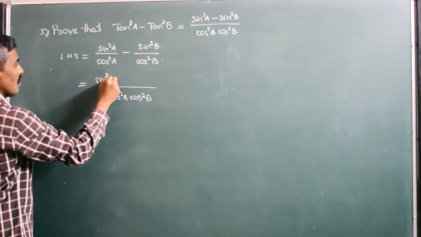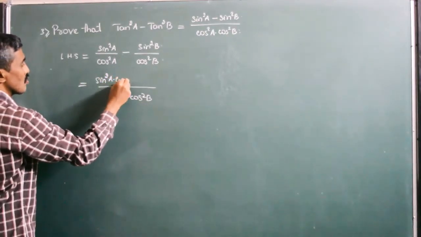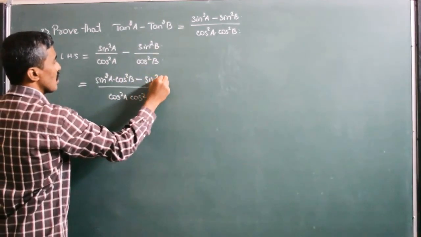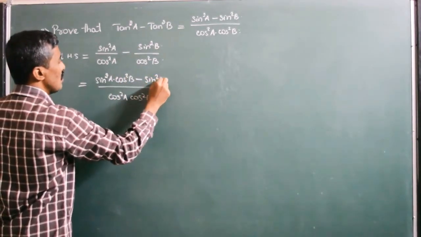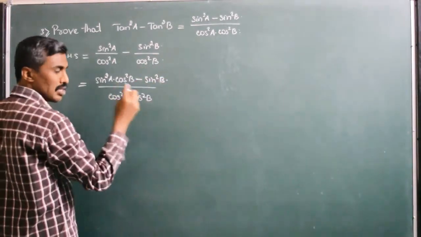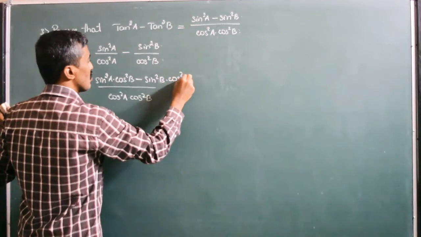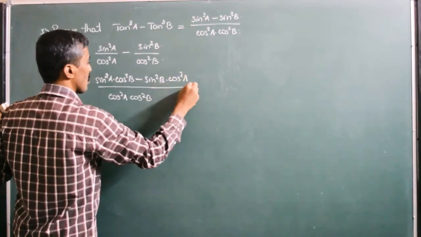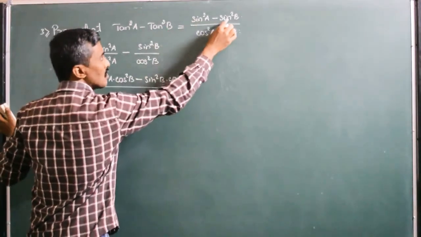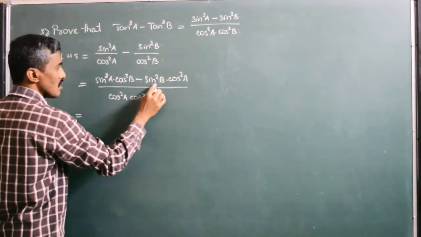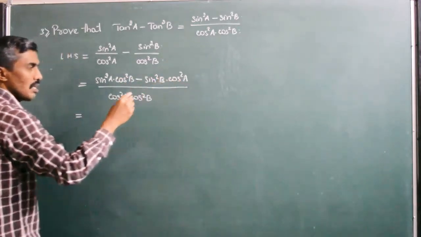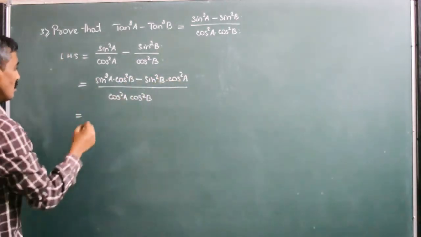So sin square A into cos square B minus sin square B into cos square B is there, then I have to multiply by cos square A into cos square A. In the numerator we require sin square A and sin square B. Keep sin square A and sin square B as they are. Express cos square B and cos square A in terms of sin.